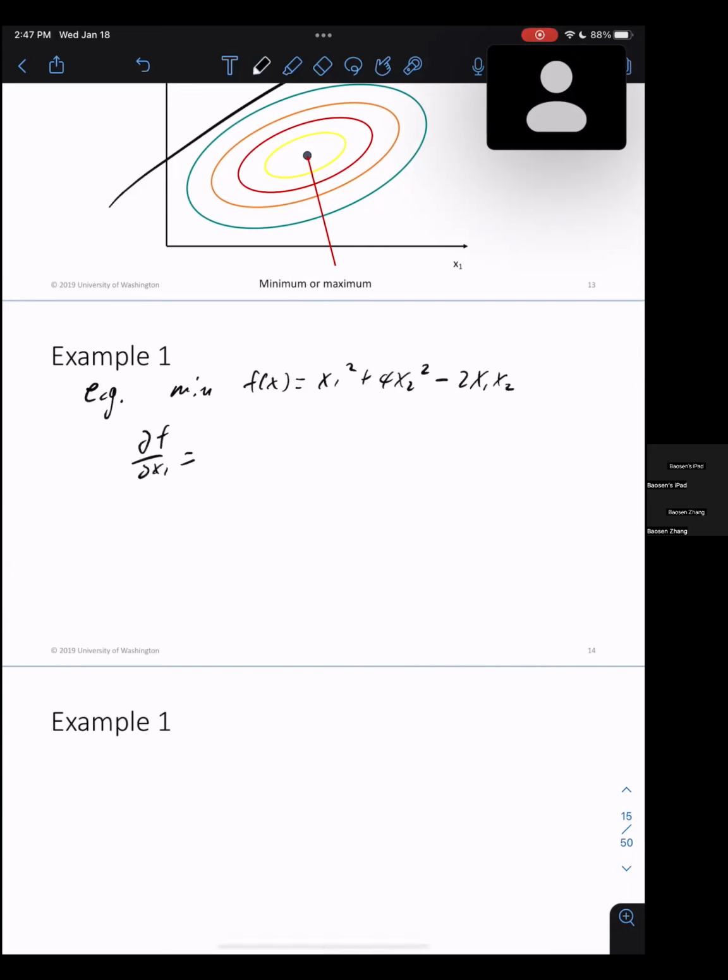You take the first order condition, you take the partial derivative with respect to x1, you get 2 x1 minus 2 x2. You take the partial derivative with respect to x2, you get minus 2 x1 plus 8 x2. You set both to 0 and you solve this system of equations.